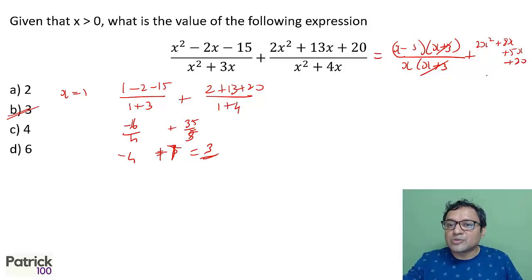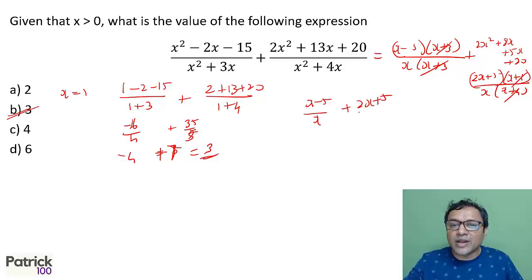If you take it out, it becomes (2x plus 5)(x plus 4) upon x into (x plus 4). x plus 4 gets cancelled. So basically what is left is (x minus 5) upon x plus (2x plus 5) upon x.